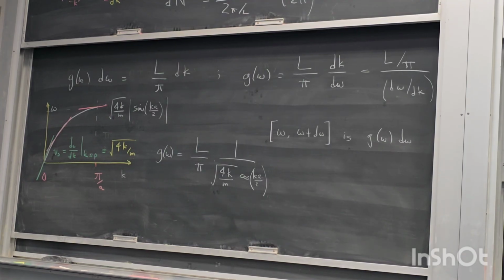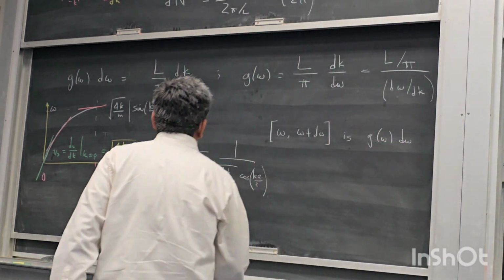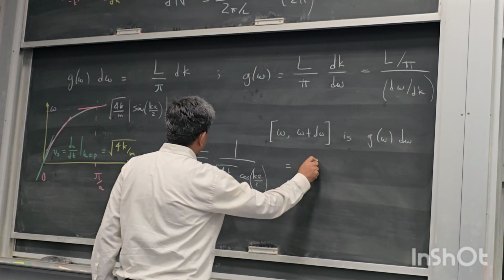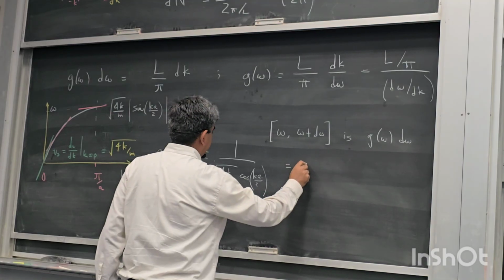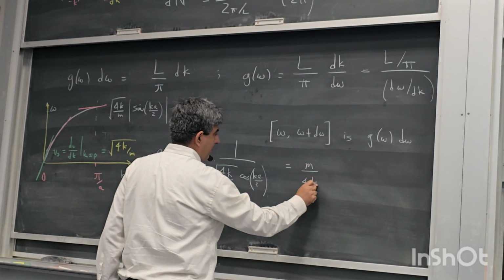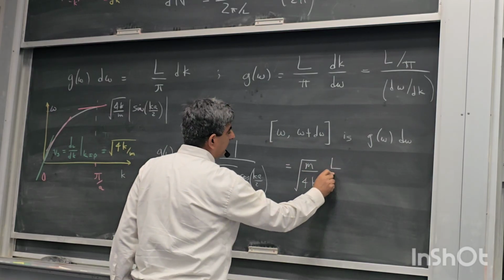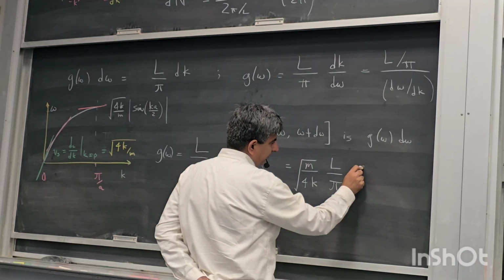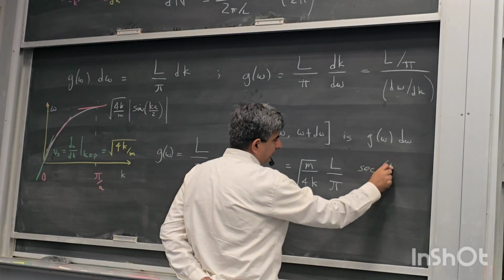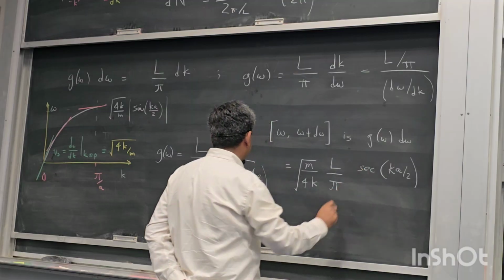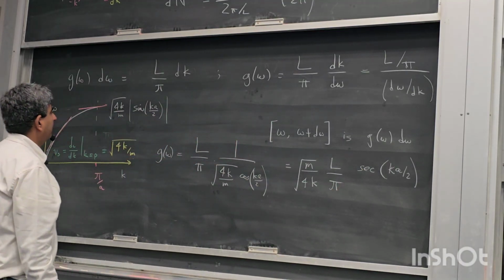Yes, it is. So this becomes some m over 4k, L over pi, secant ka over 2, right? This is 1 over cosine of ka over 2.